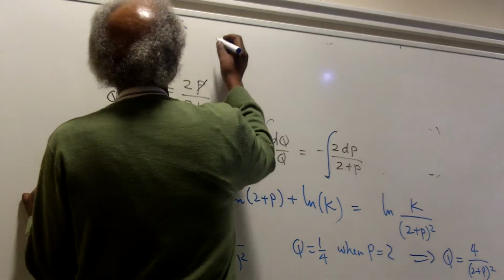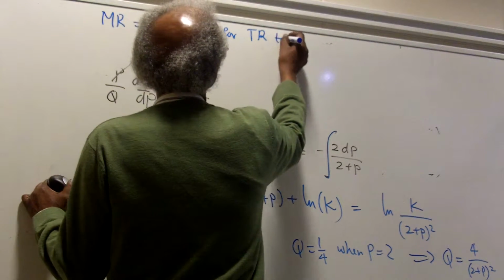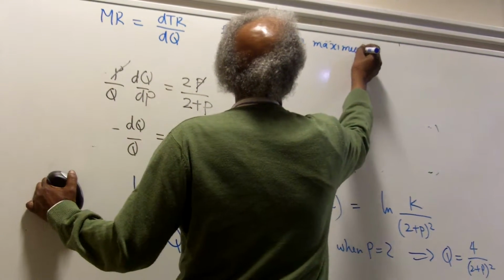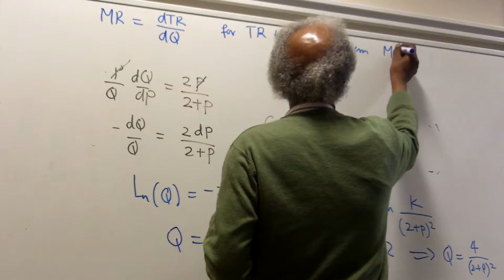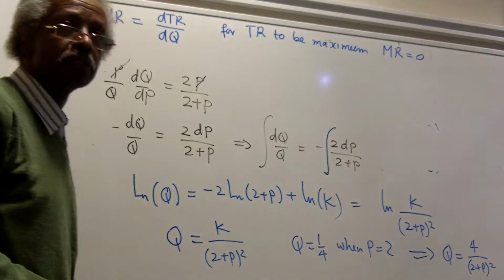Now we know that for TR to be maximum, MR cannot increase any further.